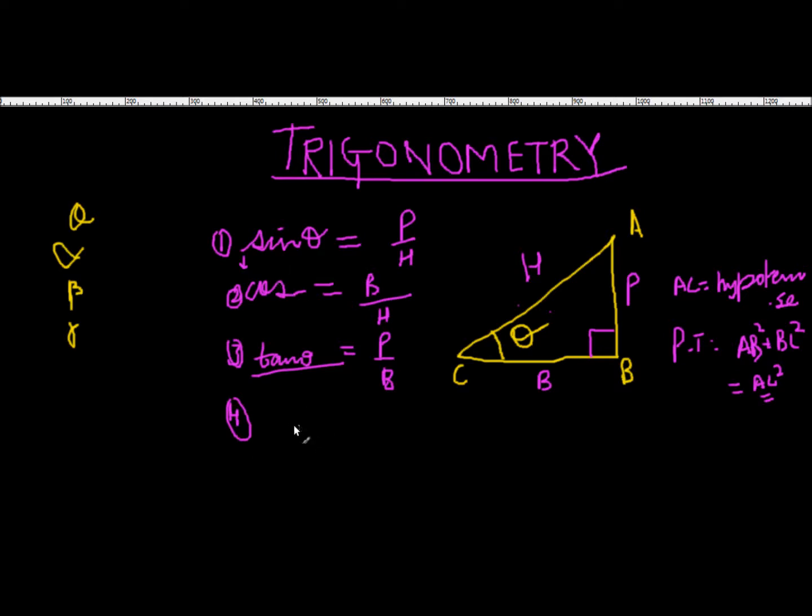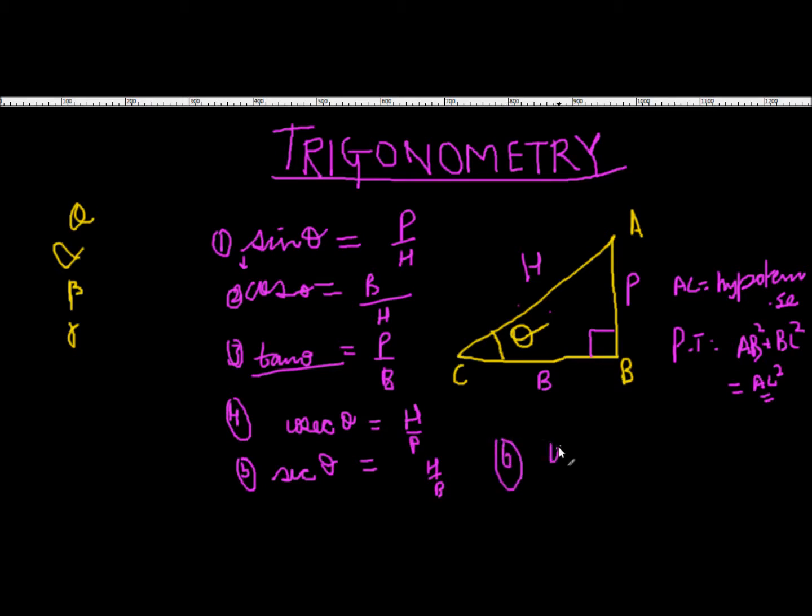So guys, for sin theta you have cosec theta, which equals H by P. So cosec is the reciprocal of sine, sec is the reciprocal of cos, so you have sec theta equals H by B. Yes, you got that right.